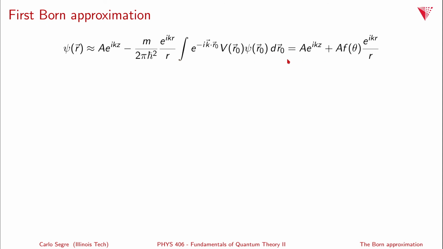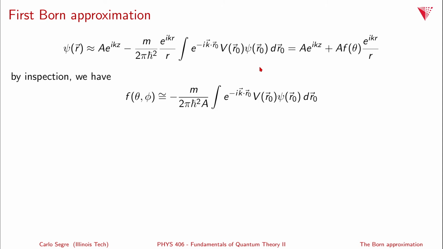And so A times f of theta is everything except this term here. So by inspection, we can write that f, the scattering factor as a function of theta and phi, is approximately equal to minus m over 2 pi h bar squared A, that's the normalization constant, times the integral of e to the minus i k dot r0, V of r0, psi of r0, dr0.